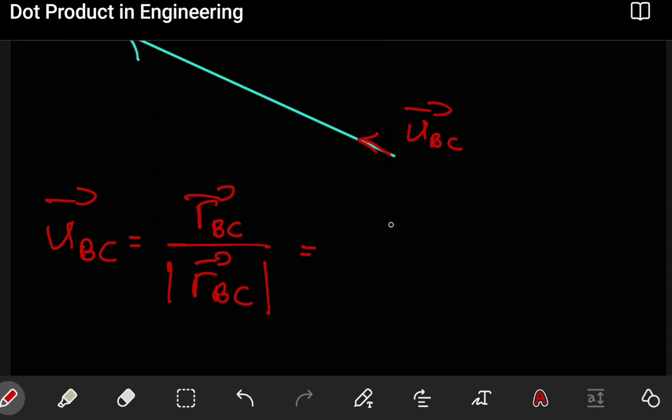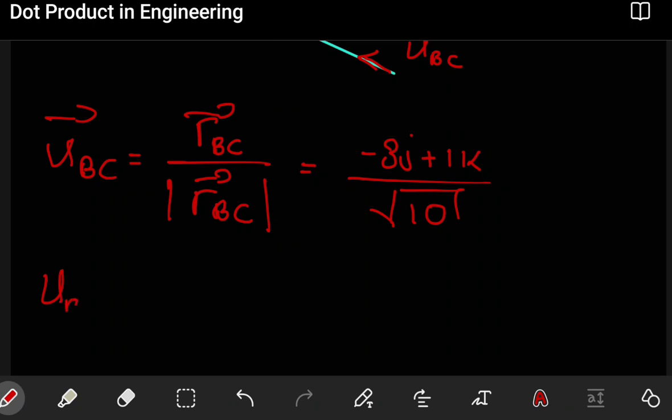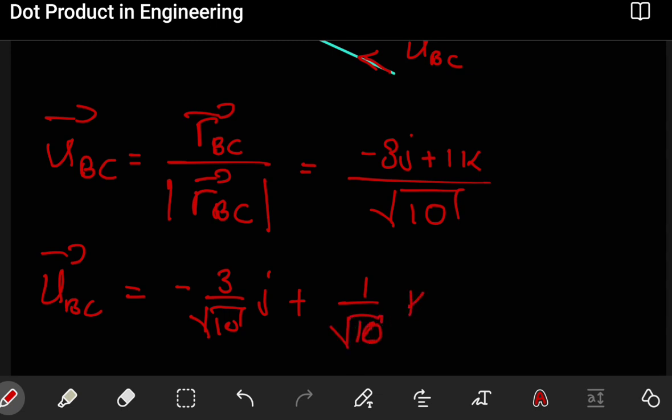In this case, the vector itself was minus 3J plus 1K. This will be divided by the magnitude, which we found earlier on, root 10. So the unit vector from B to C, the unit vector in the same direction as the force, will be minus 3 over root 10 in the J direction plus 1 over root 10 in the K direction.